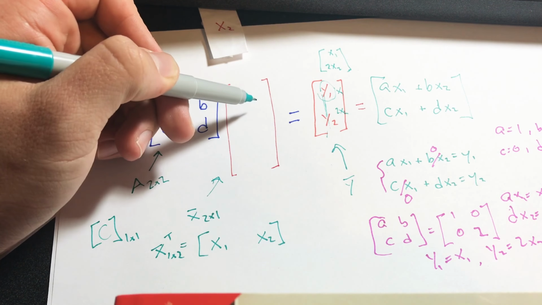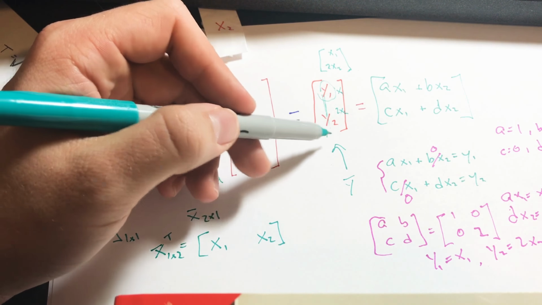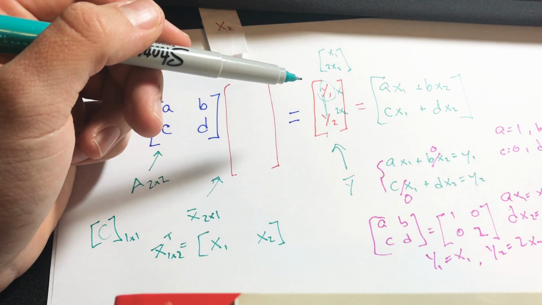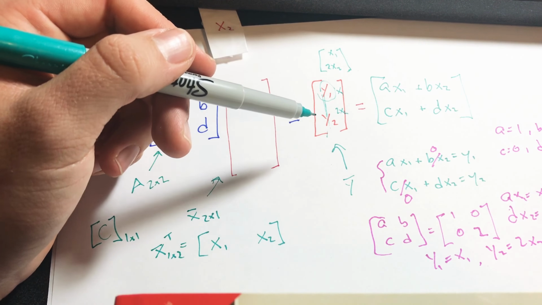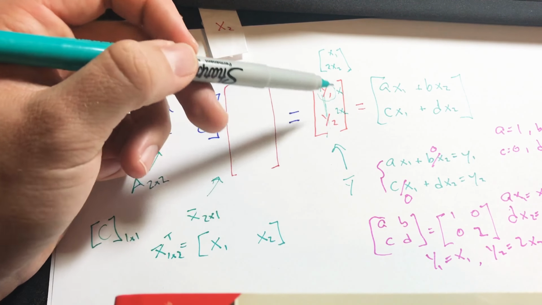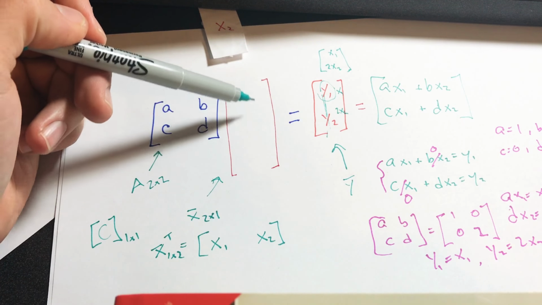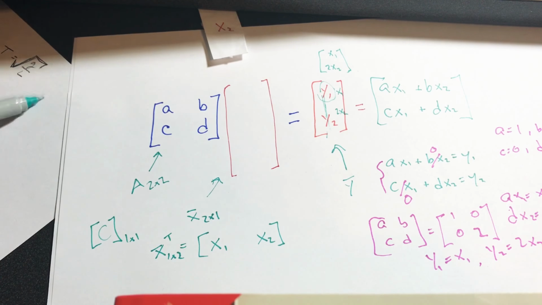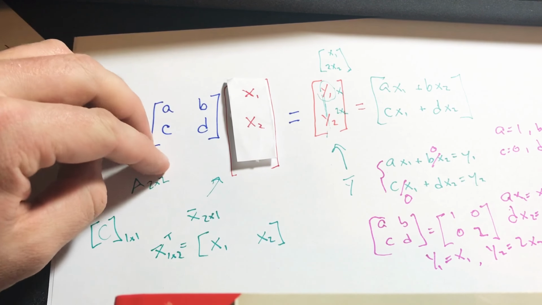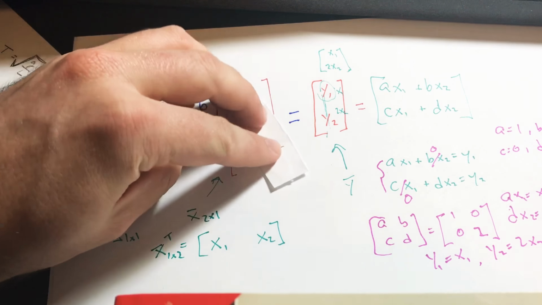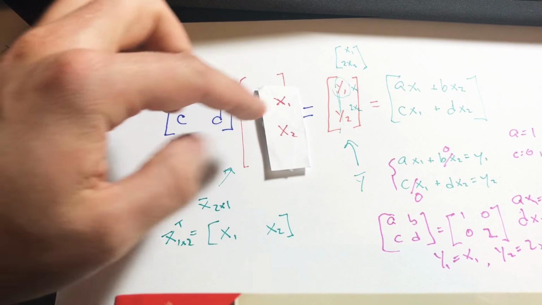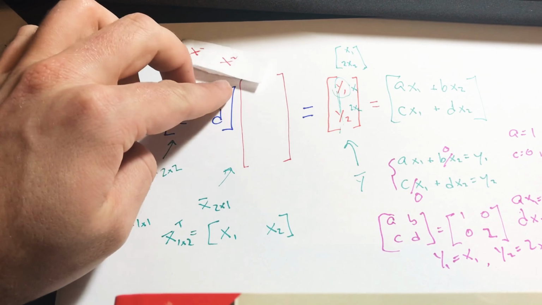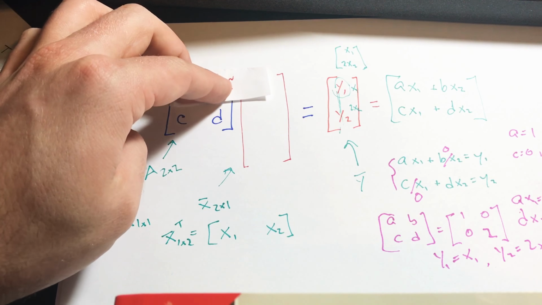So I know there'd be a 4 there. If y2 was 2x2, and I put a 4 there, I'd know that x2 is 2. So I'd have 4, 2. Cool. So you're really just keeping track of numbers. But the way I want you to think about this is you're multiplying each row by this vector. You're doing a dot product of each row as a vector dotted with this vector. Boom, boom.